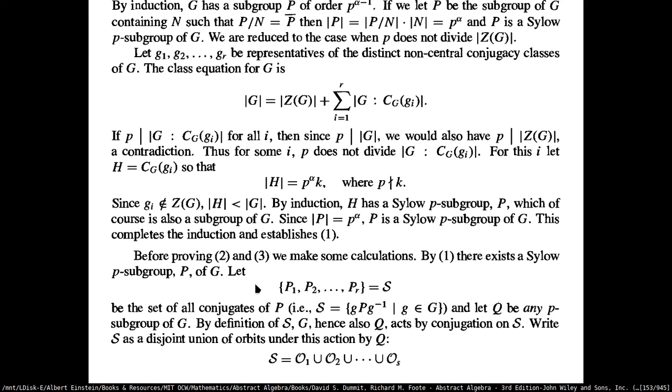Oh wait. Remember, P is a subgroup of the centralizer. Now, P is the Sylow P subgroup, so it's like the maximal P group, right?